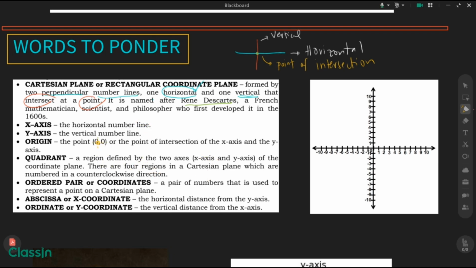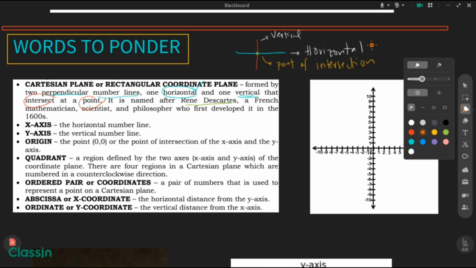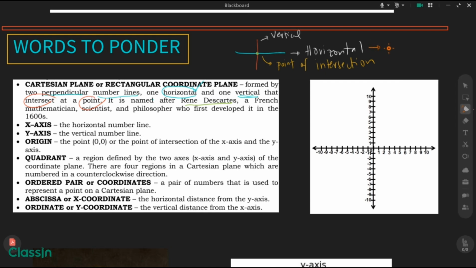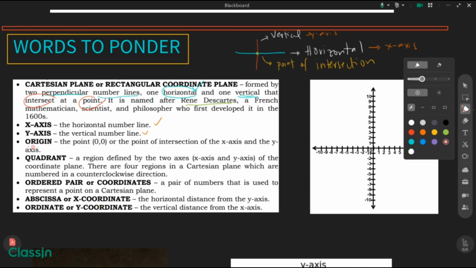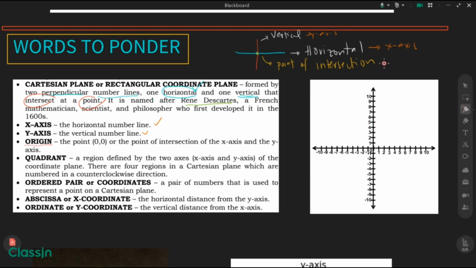All right. So we have here the x-axis, the horizontal number line. So the horizontal line is the x-axis. And the vertical number line is the y-axis. And the point of intersection is called the origin. So this is called origin.